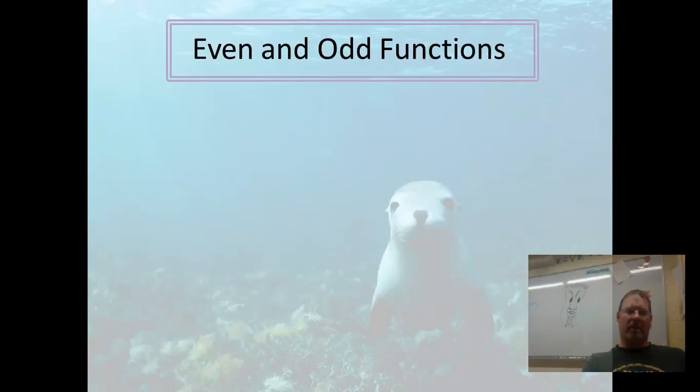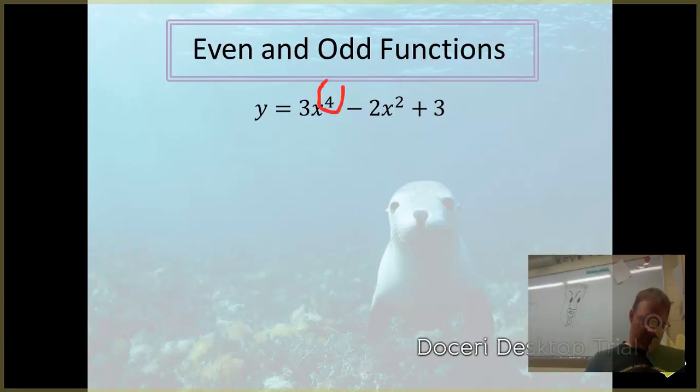Now, one last thing. It'll come up in this example. Here we go. Y equals 3x to the fourth minus 2x squared plus 3. So when you look at that, you have an even power and even power, and so naturally your thoughts are that this is an even function.